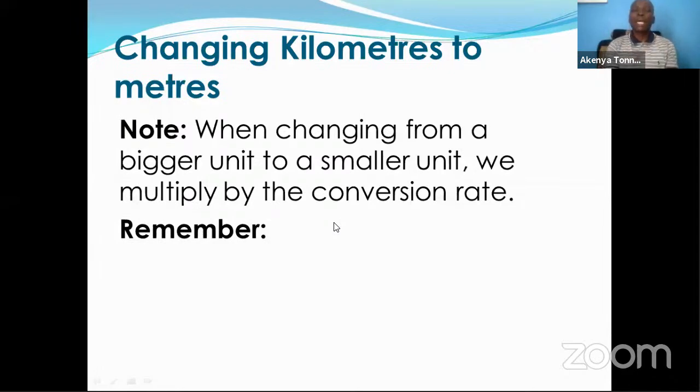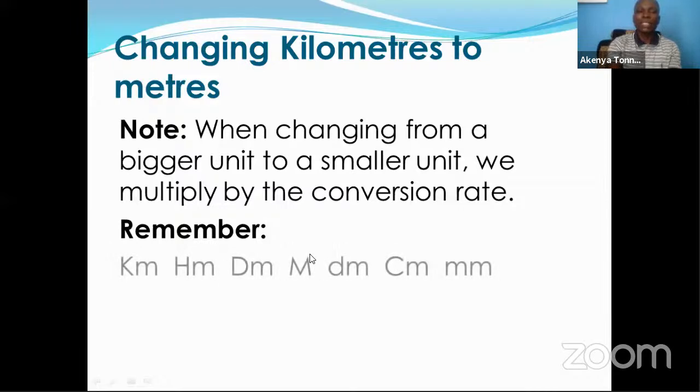When I was in primary, my teacher told me how I can remember changing this. Since we have the units in their order as kilometers, hectometers, decameters, and so on, my teacher told me that if kilometer is the first, I use the word king.